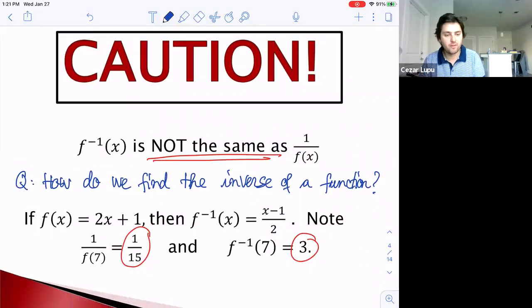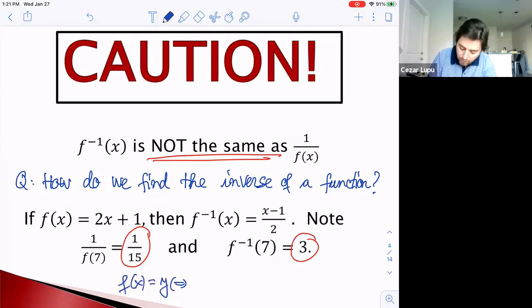Because we said that if f of x equals 2x plus 1, then f inverse of x is x minus 1, everything over 2, but we haven't proved this. So if we would like to show that the inverse is this, let's write it somewhere here. So f of x equals y will be equivalent with 2x plus 1 equals y.